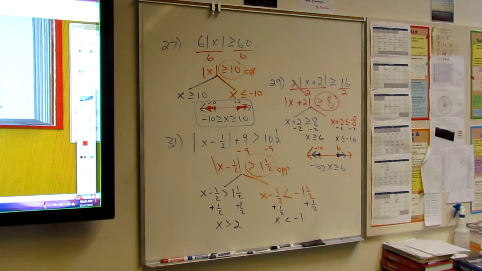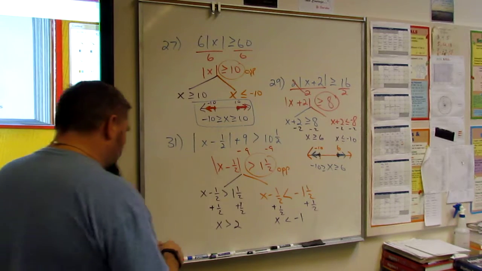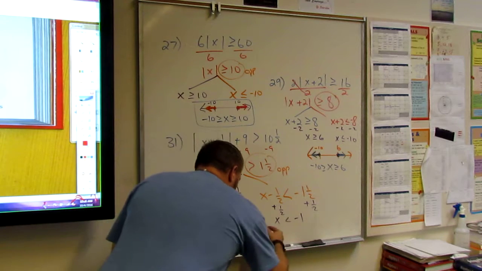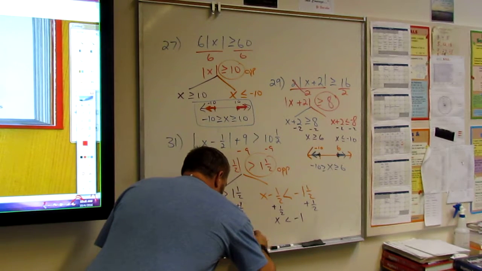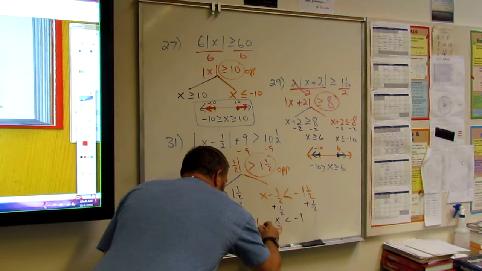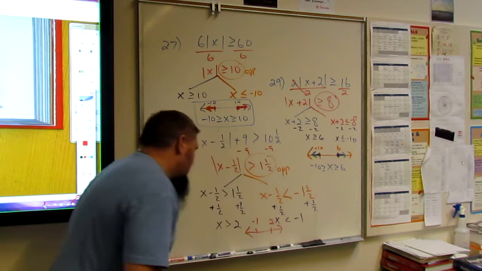No, we're there. We got it. Now I gotta squeeze this on the board, right? So we have to graph it. So I have what? Negative 1 and 2. Okay?